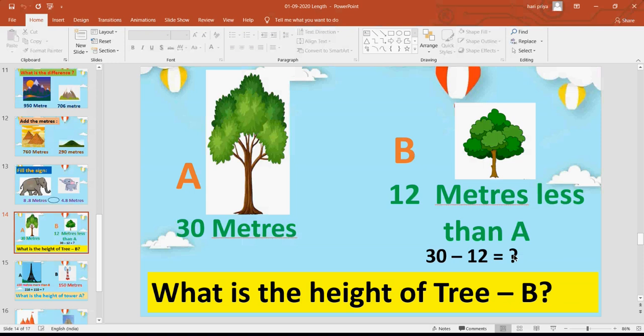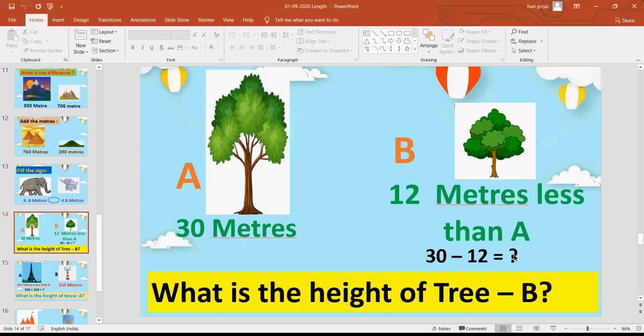So find what is 30 minus 12. Yes, your answers are right. It's 18 meters. The correct answer is 18 meters.